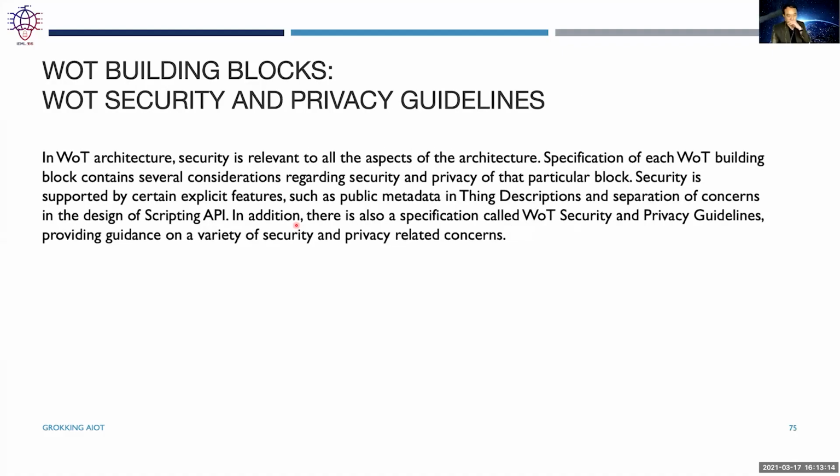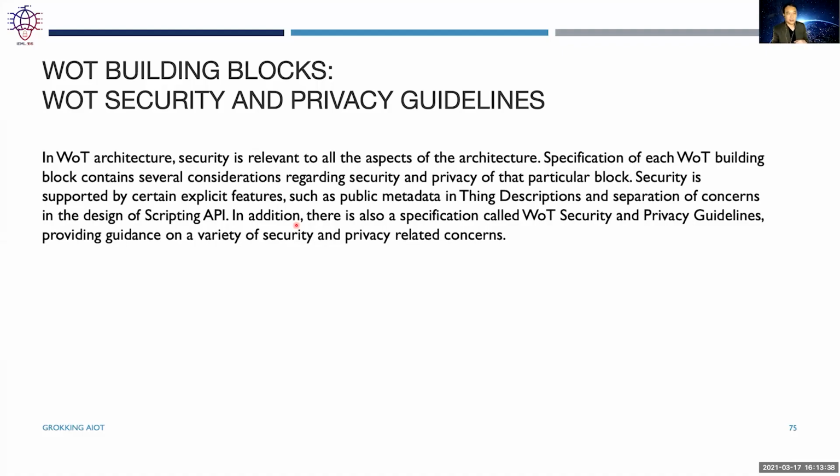And lastly, security is not left out hanging. There is a guideline for implementing security in the different aspects. All the different components of the Web of Things, the TD, the binding template, as well as the interactions, are susceptible to hacks or attacks.